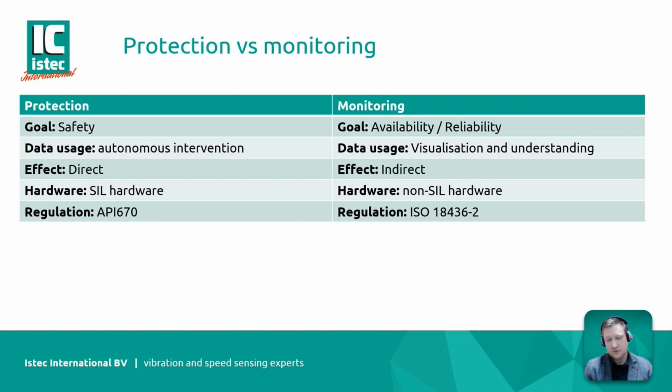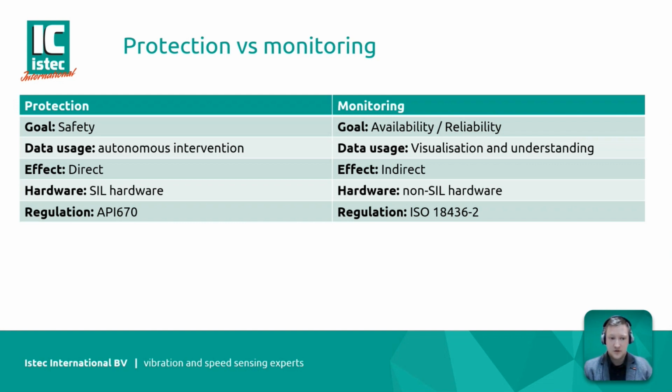And regulations: one of the known regulations for machine protection is the API 670, an American Petroleum Institute standard, which defines a lot about the protection of turbo machinery on vibrations, but also on speed.